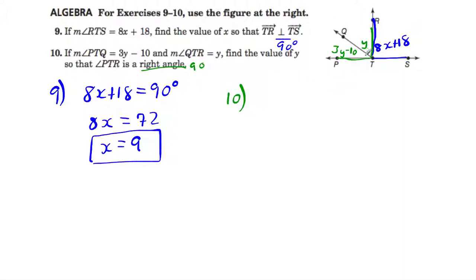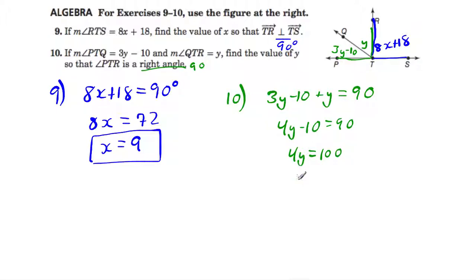So if I look, these two angles here are complementary, and complementary angles add up to 90 degrees. So if I add these two angles, 3y minus 10 plus y, I should get 90 degrees. I combine my like terms to get 4y minus 10 is equal to 90. I get 4y is equal to 100, and then I can divide by 4 to get that y is equal to 25.